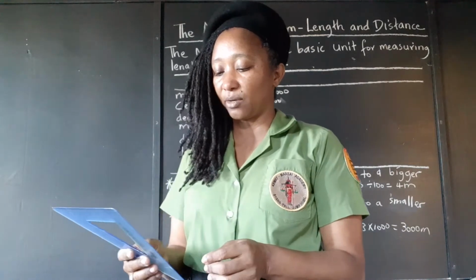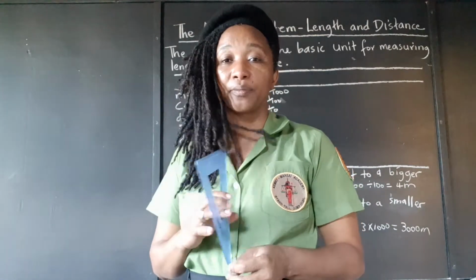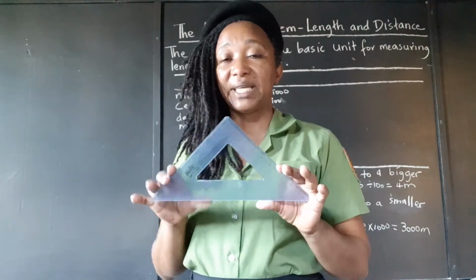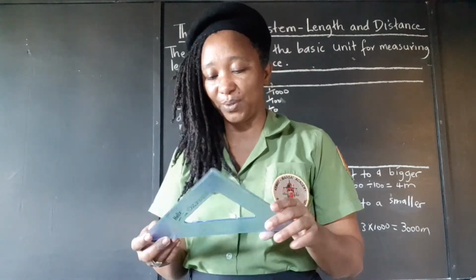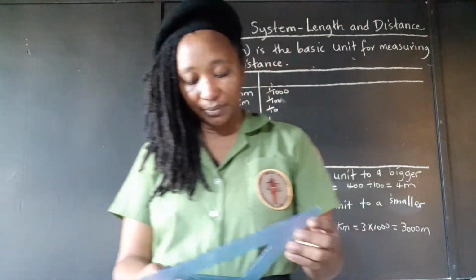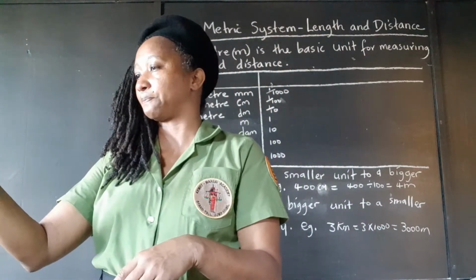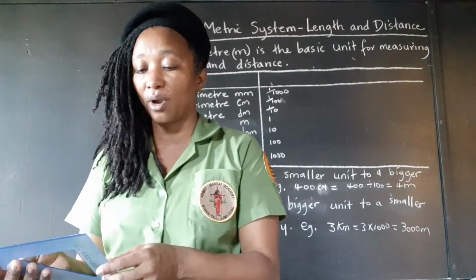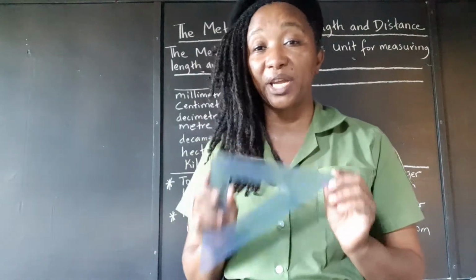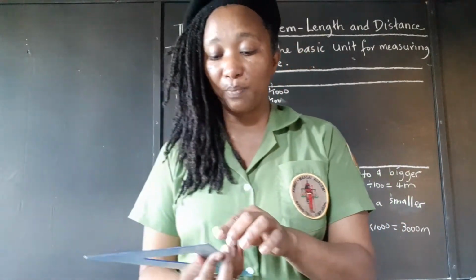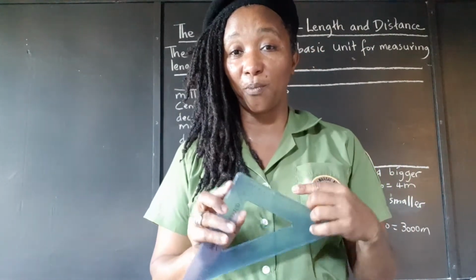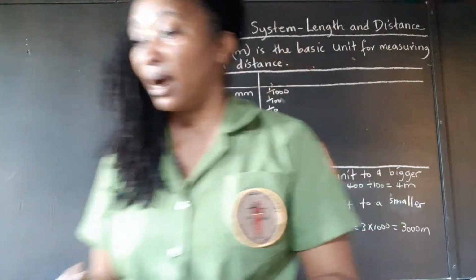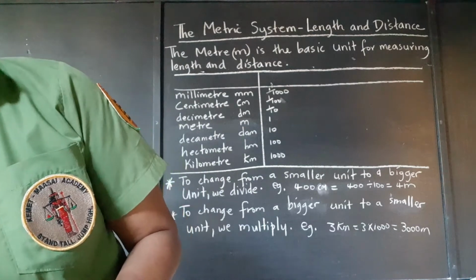So this ruler is actually a triangle, right? But it has the units on it, so that's what I'm using. This one is in inches as well as centimeters. So remember, when you're starting to measure, always remember you measure from 0, not from 1. So you start measuring at 0. Alright, so I'm going to measure some very small things first.